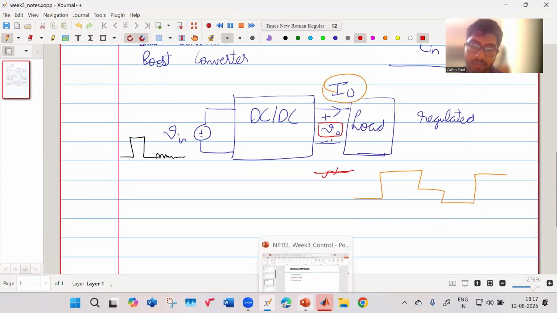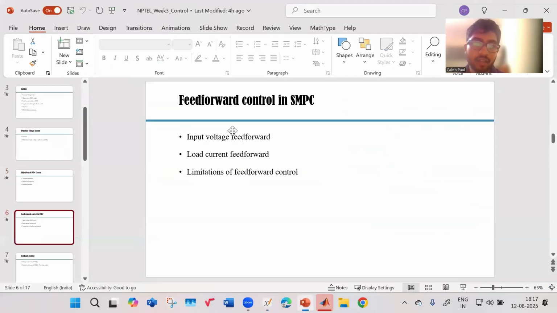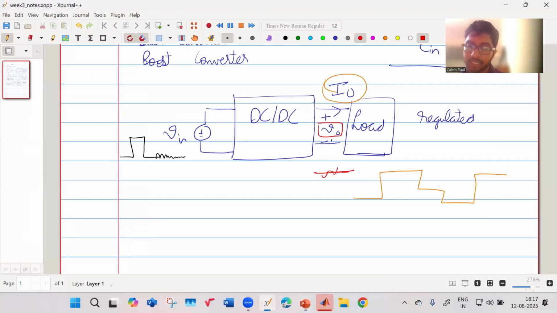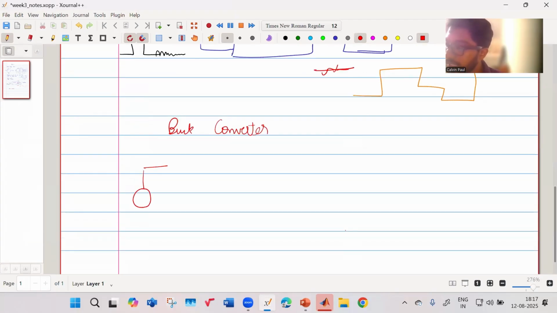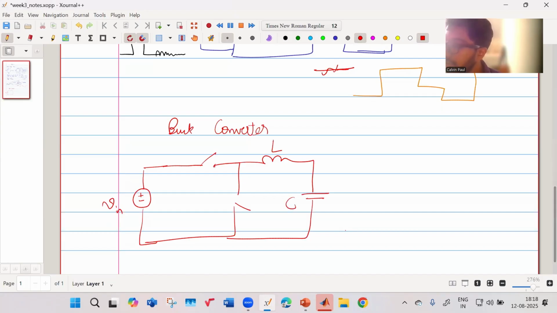Next, you have various feed forward control techniques. So let us consider a buck converter. You have your input voltage, followed by the switches, then an LC filter, then your load.